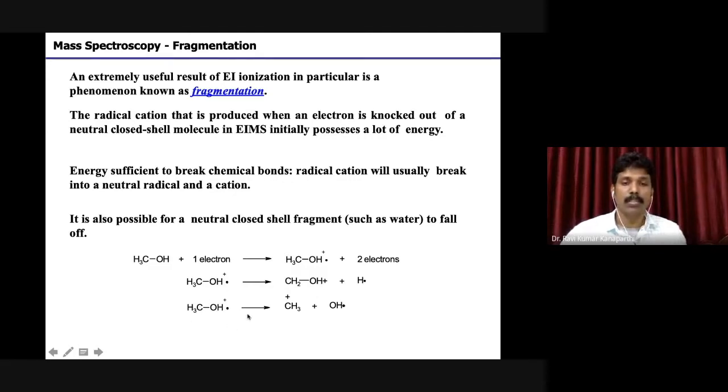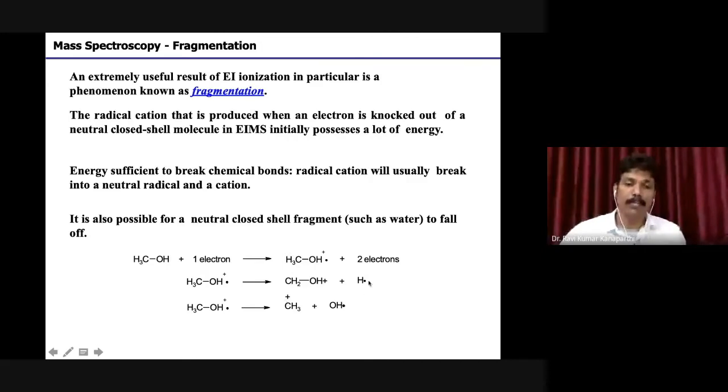It can go the other way also: CH3 can remain as a cation while the OH radical is eliminated. So anything is possible in mass spectrometry. As I mentioned, it will not detect the hydrogen or the hydroxyl radical, but it only detects this one as well as this one.